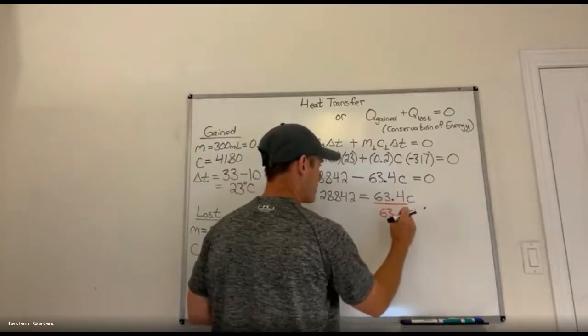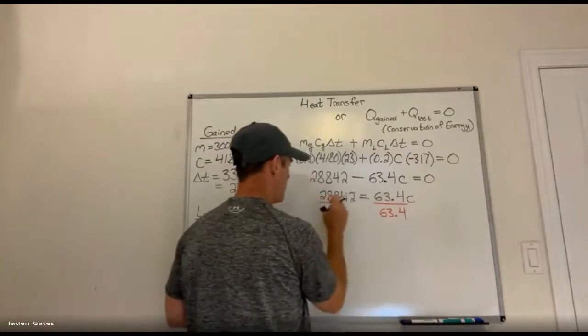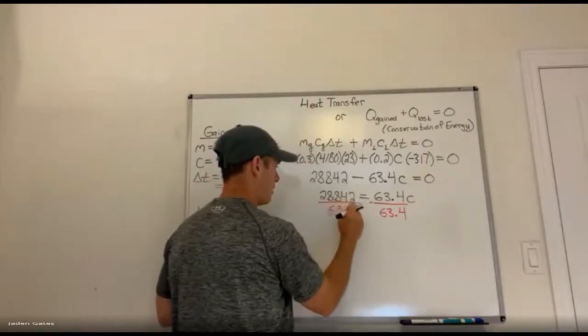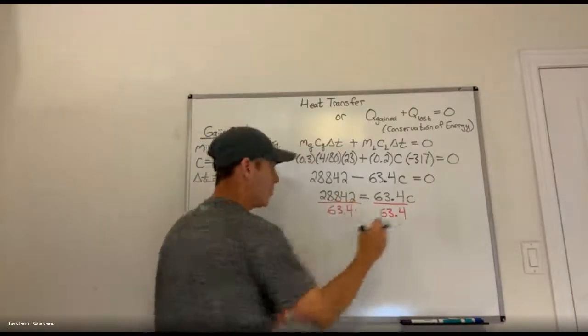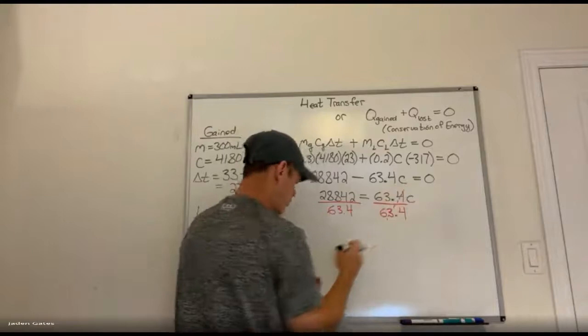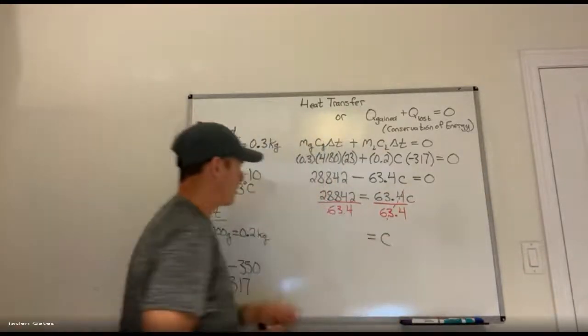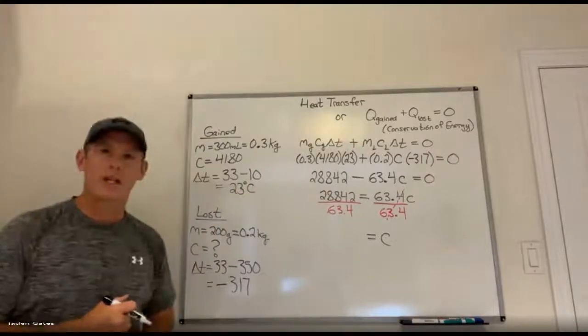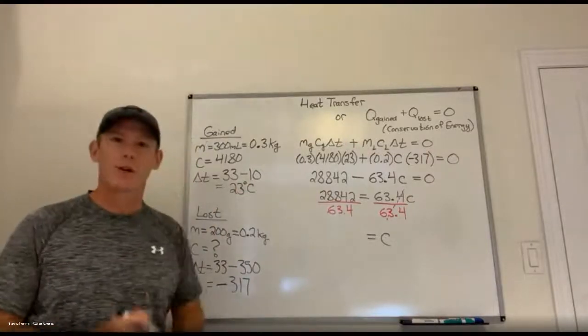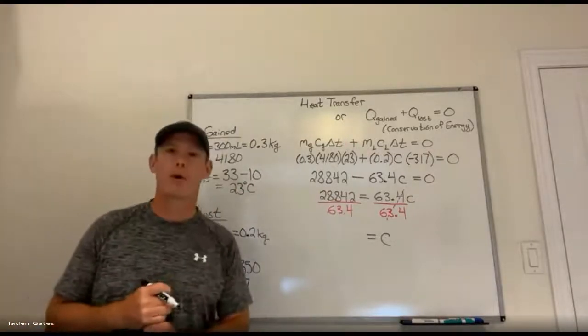All right, so my last step here to find my C value, I'm going to divide both sides here by 63.4. So those 63.4s divide each other out. And the specific heat capacity, well, I take my 28,842 and I divide it by 63.4.